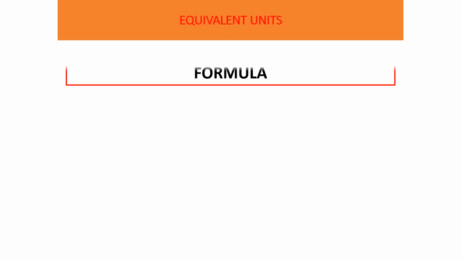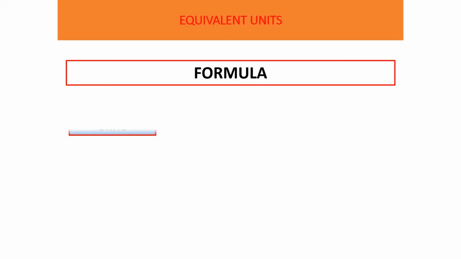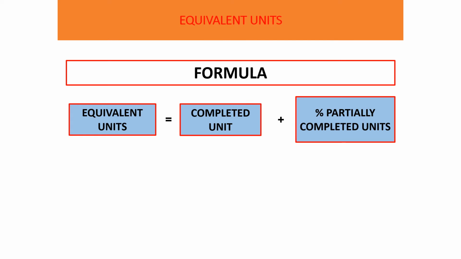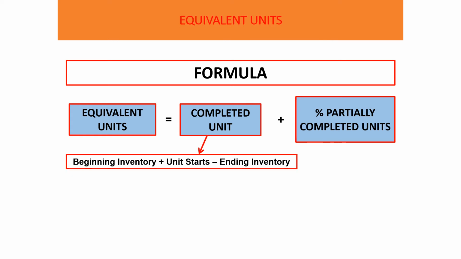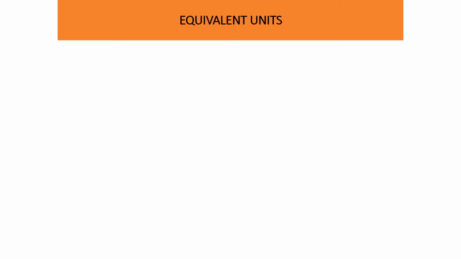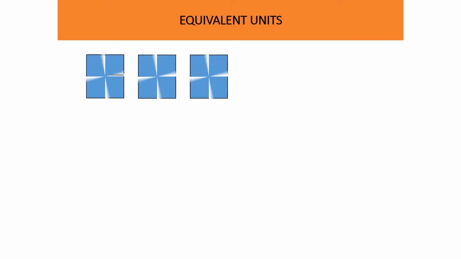The formula to find the equivalent unit is as shown. Equivalent units equals completed units add percent partially completed units. Example to find the equivalent unit is shown.